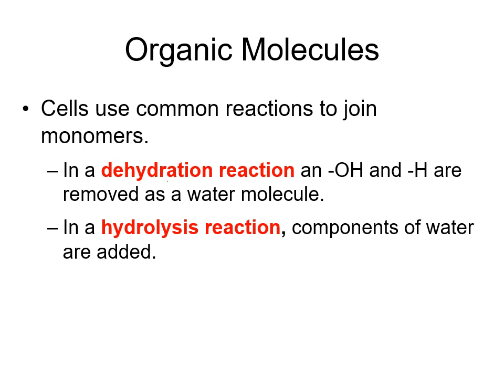Now during dehydration reaction, a water molecule is removed. So an OH of one monomer and the H of the next monomer is removed as a water molecule. Now, when macromolecules are broken down into smaller molecules, it involves addition of water. So we call this hydrolysis reaction.